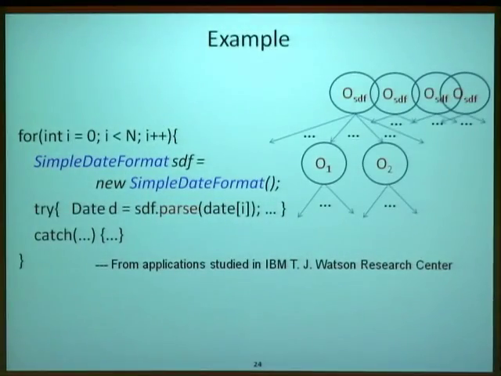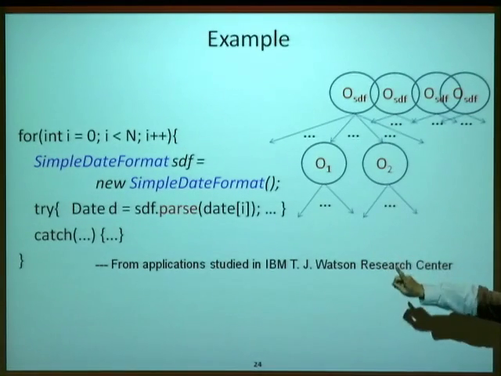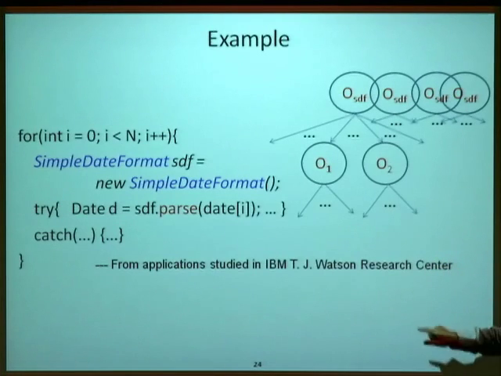It can involve a lot of heavyweight operations to initialize a big data structure, like this one here, and create a lot of other objects, like this O1 and O2, right? Specifically for this case, creating one SimpleDateFormat object requires loading many resource bundles from the disk, which can involve a lot of very slow disk I/O operations.